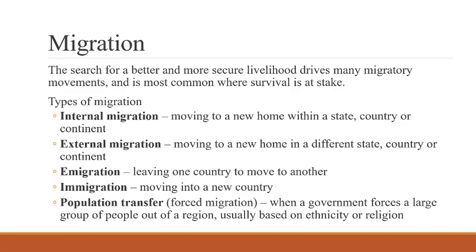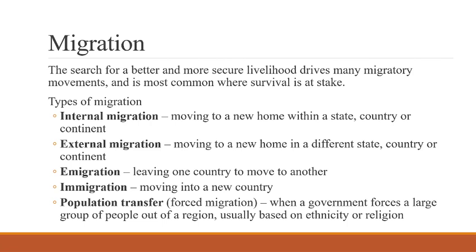The search for a better and more secure livelihood drives many migratory movements and is most common where survival is at stake. There are several types of migration. The first one is internal migration. Internal migration means moving to a new home within a state, country, or continent.